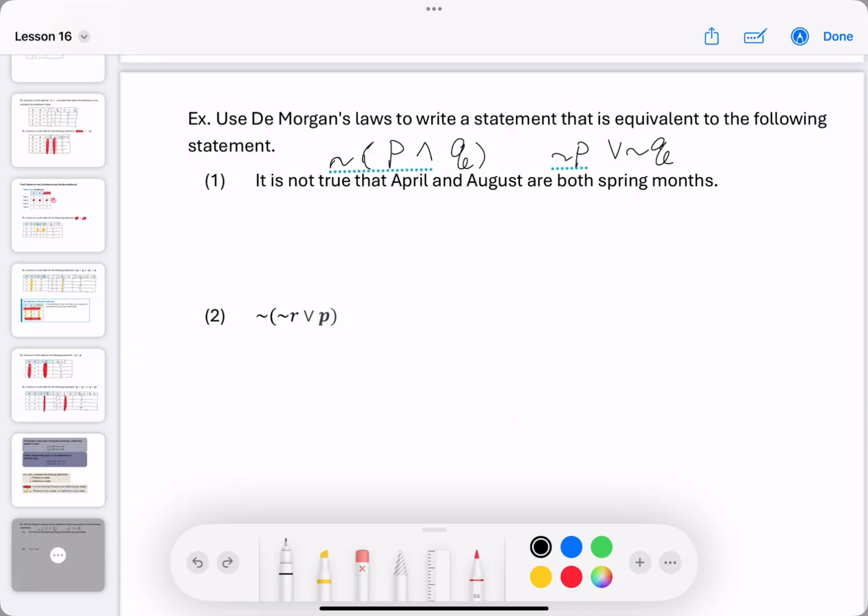I can say April is not a spring month, or August is not a spring month.